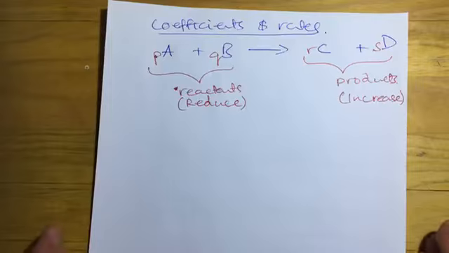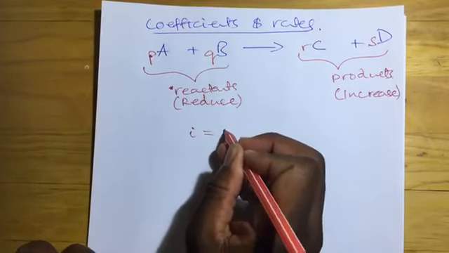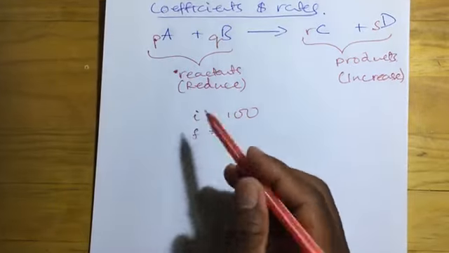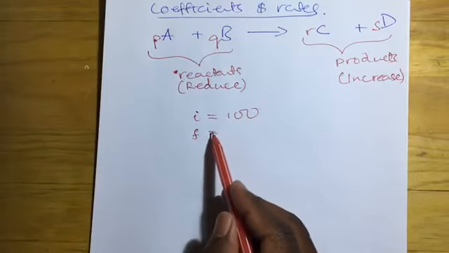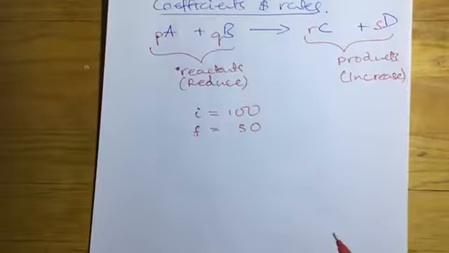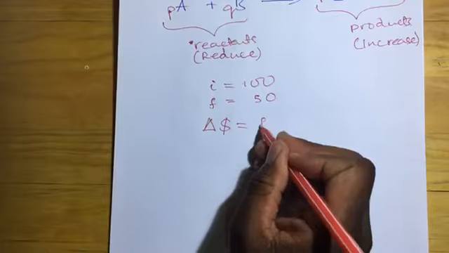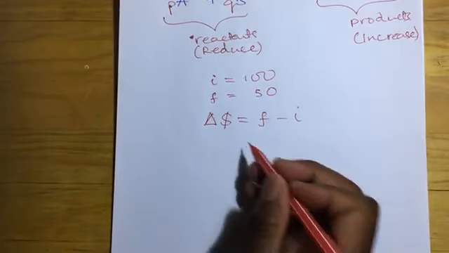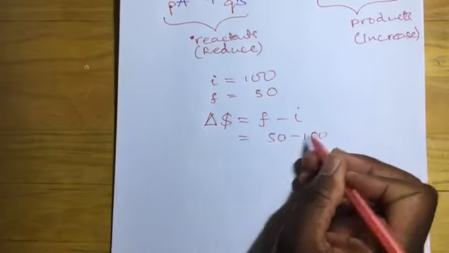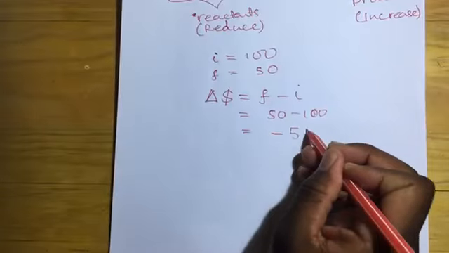Right. And if my money reduces, for instance, initially I have 100 kwacha. And finally, if my money is reducing, my final amount will always be less. Maybe finally I have 50 kwacha. The change in the money that I have is going to be final minus initial. So you will notice that this is going to be 50 minus 100, which gives me negative 50.